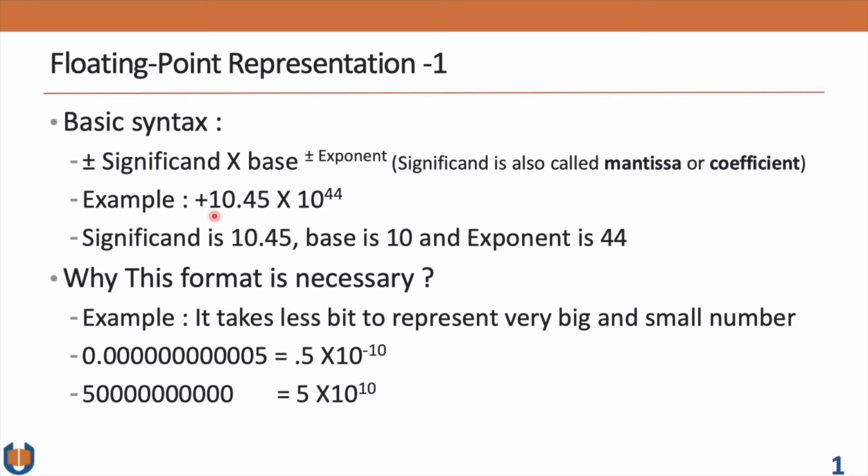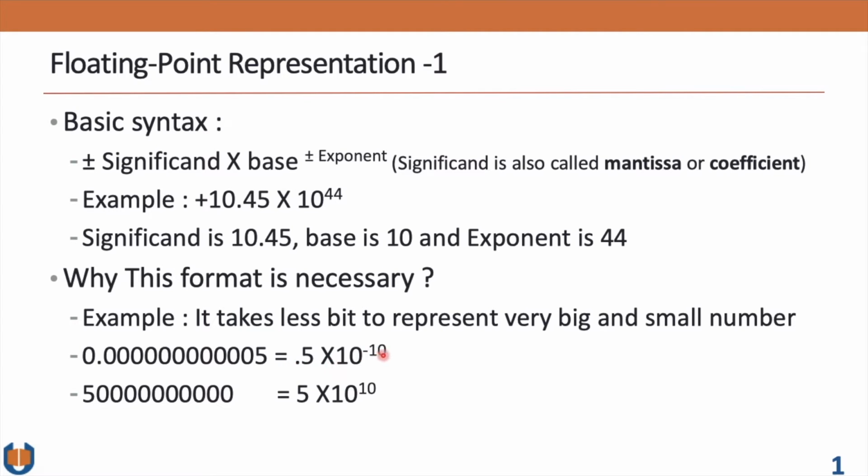Now the question is why we need this format to represent numbers. Why not just represent the number directly? Well, if we want to represent a very tiny number like 0.10, a point followed by 10 zeros and then 5, it takes a lot of memory space to represent this number in binary. On the other hand, a very big number also takes a lot of memory. This representation for a floating point number takes only a few bits.